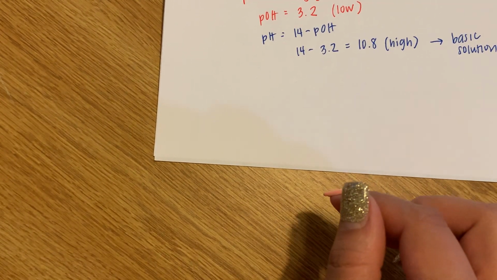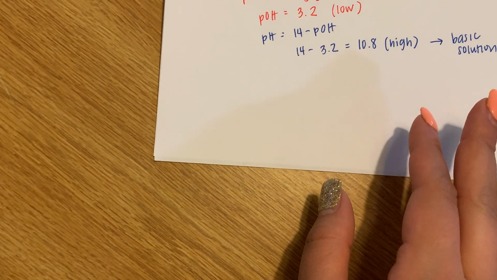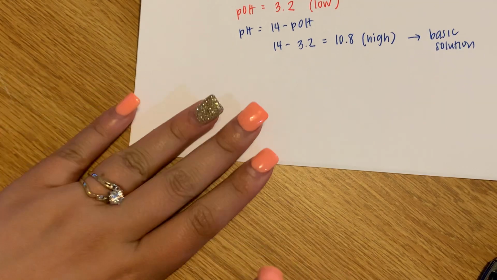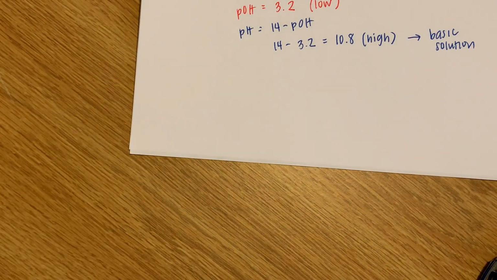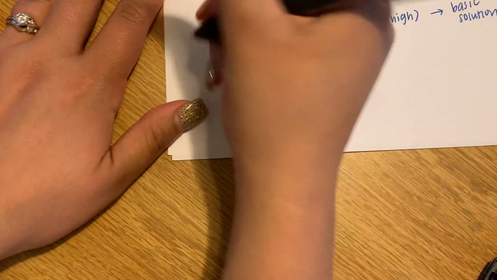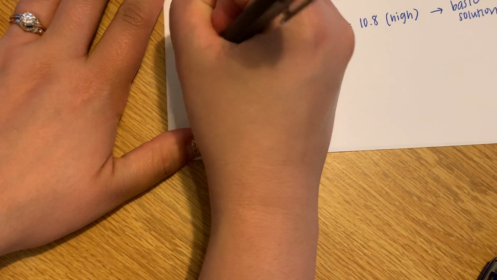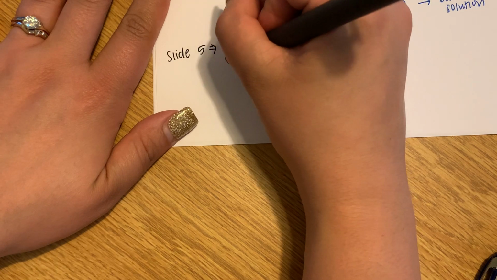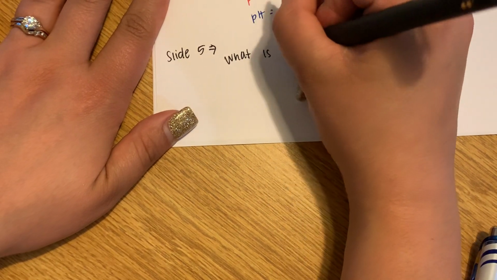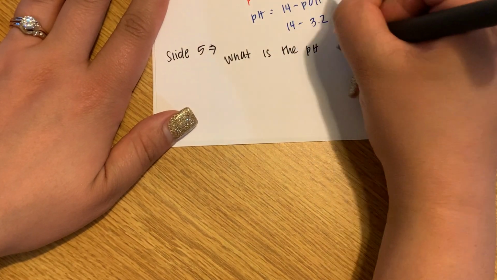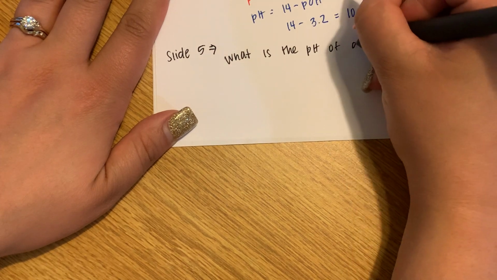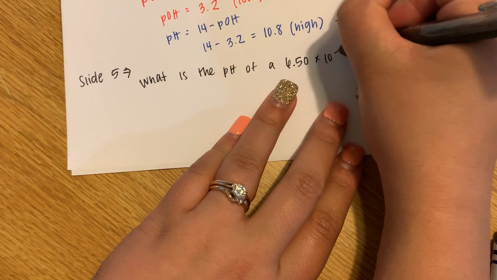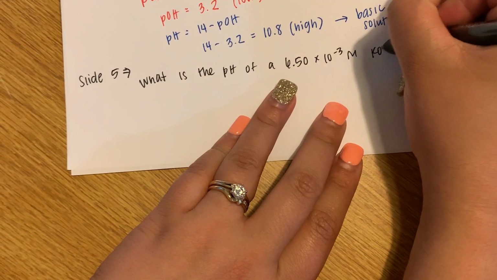Pre-AP, this is in regards to your practice, which is day 2 of calculating pH and pOH, right? So, for example, slide 5 on your practice. This one says, what is the pH of a 6.50 times 10 to the negative 3 molar KOH solution?